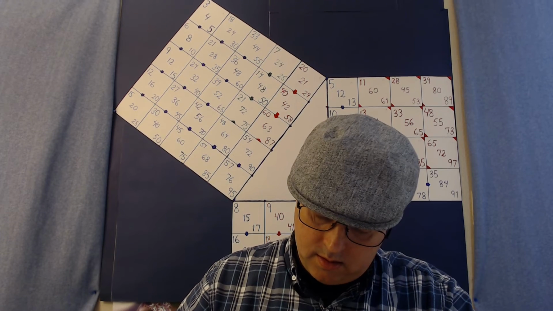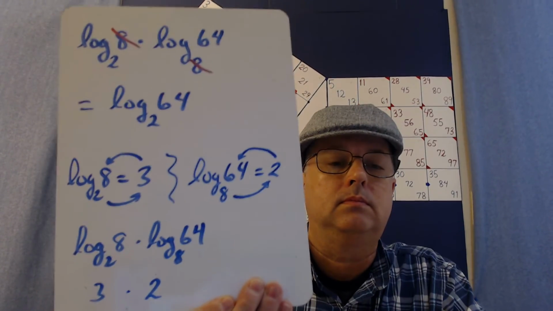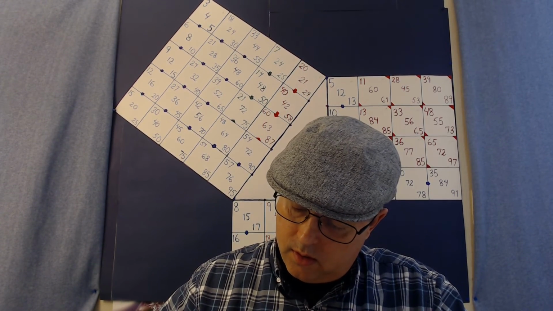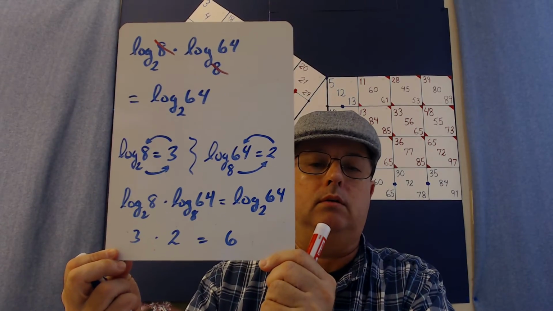So now we have log base 2 of 8 giving us 3, and the log base 8 of 64 giving us 2. And then this becomes the log base 2 of 64, which is supposed to be 6 by our multiplication there.